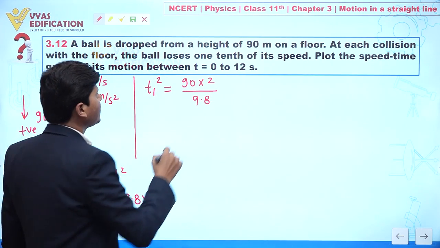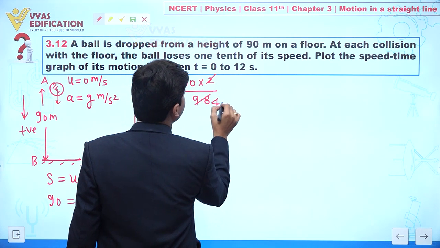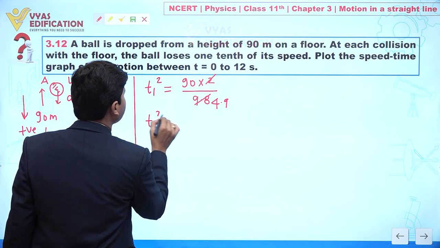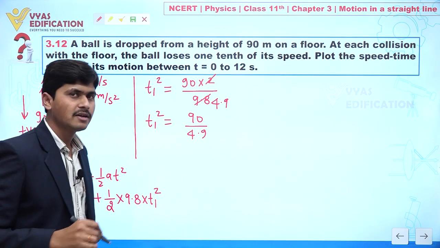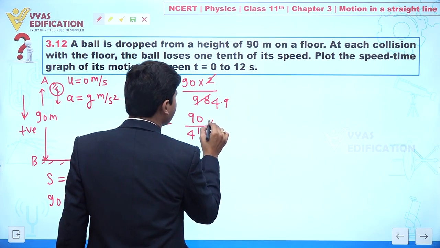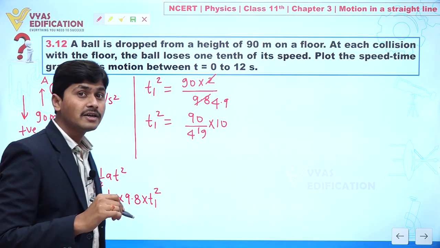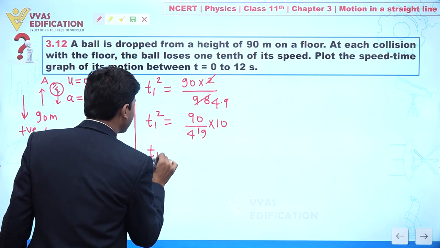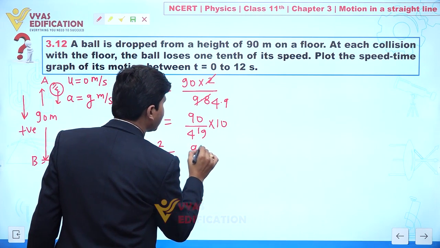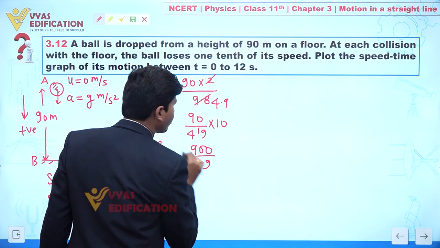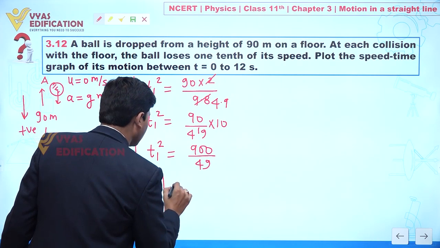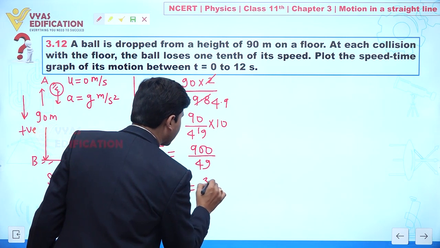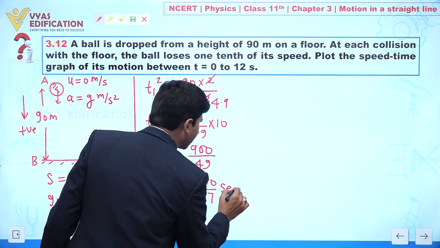Clear? From here half of 9.8 is 4.9, so t1 square equals 90 upon 4.9. If we remove the decimal, we multiply by 10. So t1 square equals 900 divided by 49. So the value of t1 is 30 by 7 second.